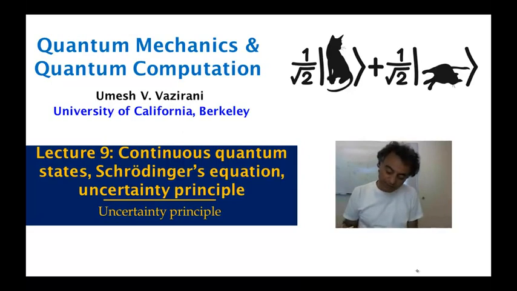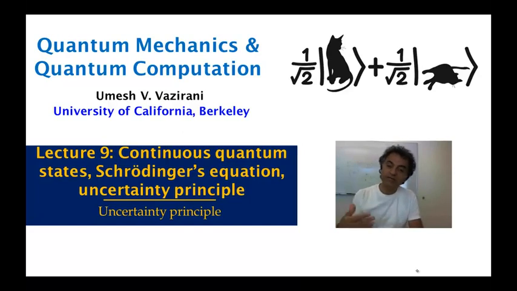So, as far as these continuous quantum states are concerned, we are only going to be talking about them this week. And the reason I want to do this is for a number of reasons. One is so that you understand how the formalism we have been looking at so far, which has been confined to discrete states, actually extends to continuous states.